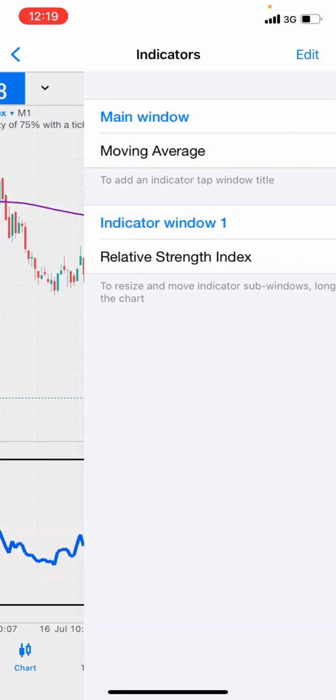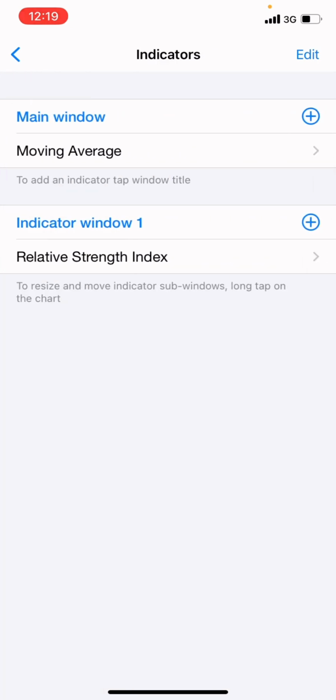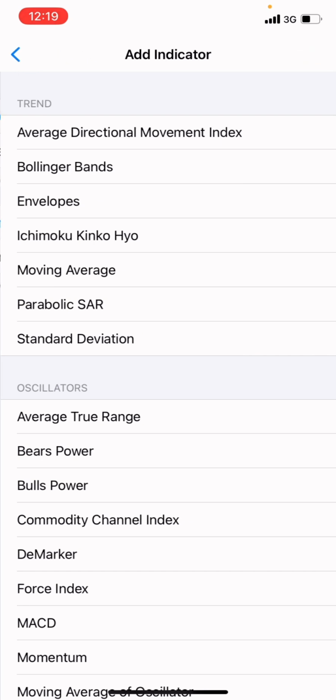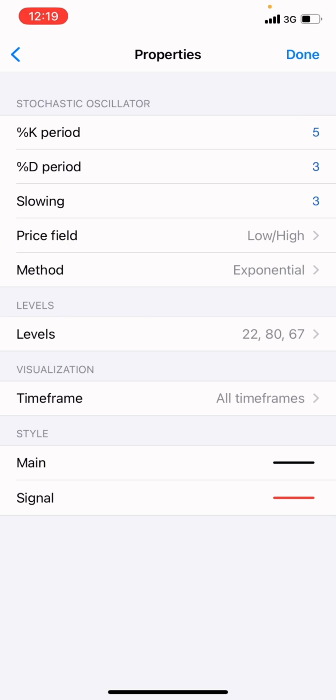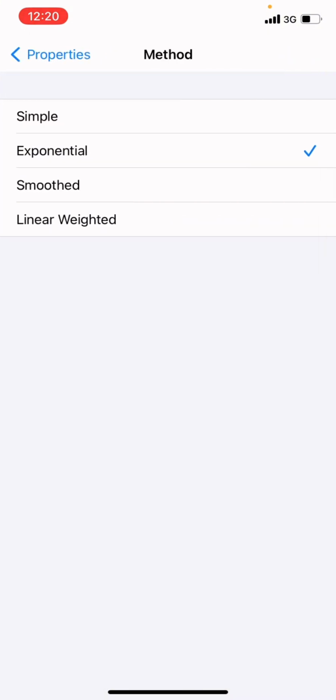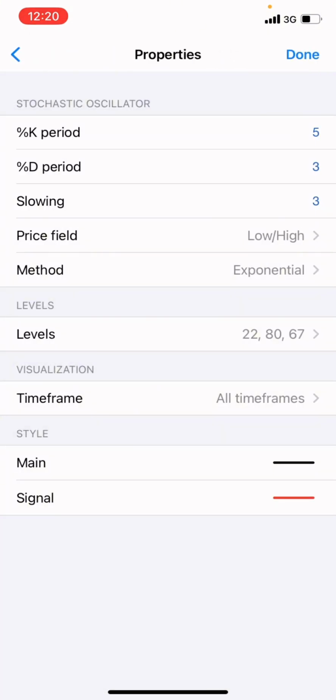Then the third indicator is going to be the stochastic oscillator, which we are going to use. For the stochastic oscillator, you put the K period on 5, the D period 3, slowing 3, price field low/high, and the method is exponential.